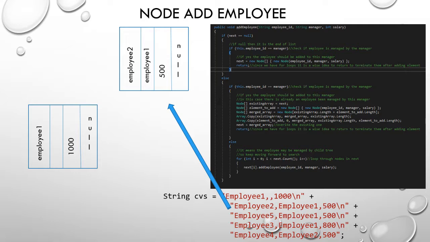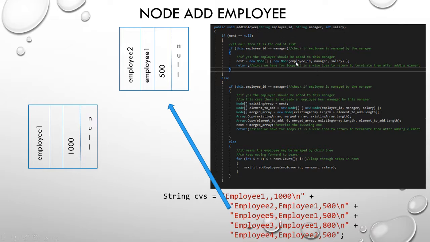So we go to employee 2, and we have a method that is going to add an employee, as you have seen in the code. So I have a method add employee over here. It is taking employee ID, manager, and salary.